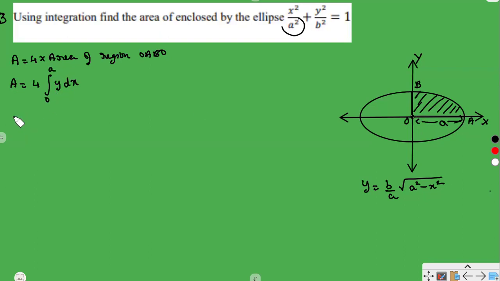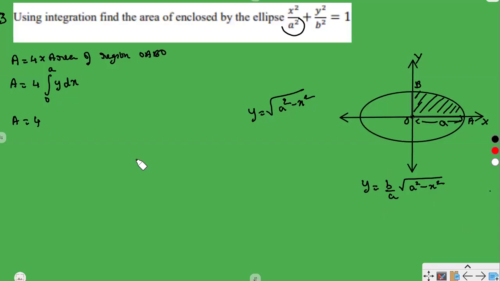So next step, I have to write what is y. Like in the case of circle, I told you, remember it as root of a square minus x square. Whereas coming to ellipse, remember it as root of a square minus x square, but also remember we have b by a, because the equation of ellipse has b square also. So y equals b by a root of a square minus x square.